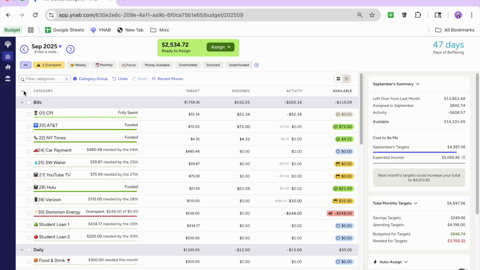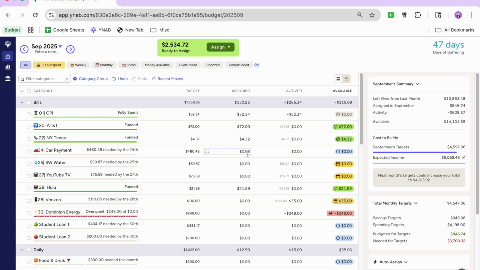Similarly to last video, I'm just going to go down the list and start assigning money for some of my paychecks. Some categories may look overspent, and that's just because the money for those particular accounts has already been deducted. Let's go down the list. CPI, which is our home security system, was funded in advance, so it was already covered. It looks like internet and our New York Times subscription are covered.